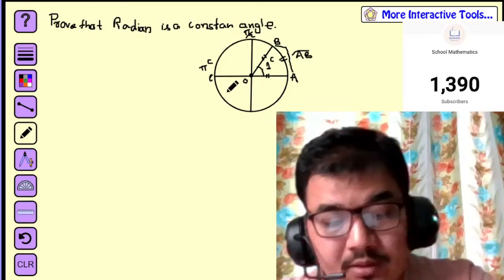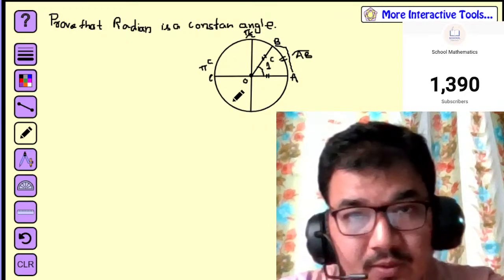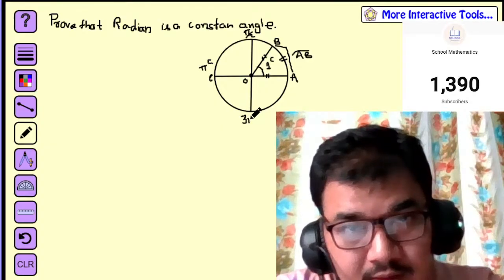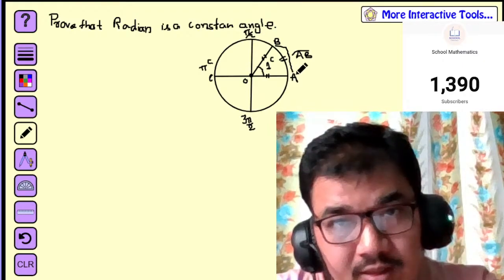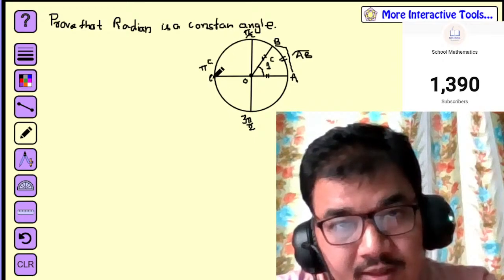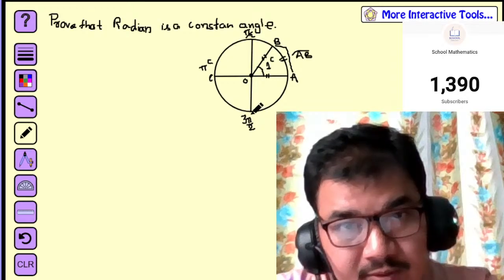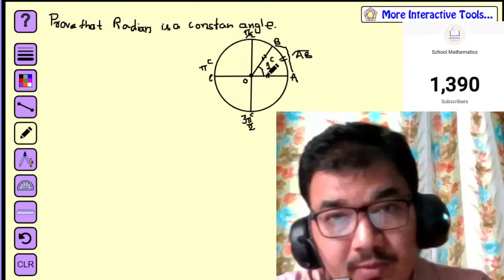And this is 3 pi by 2 radian, which is 270 degree.